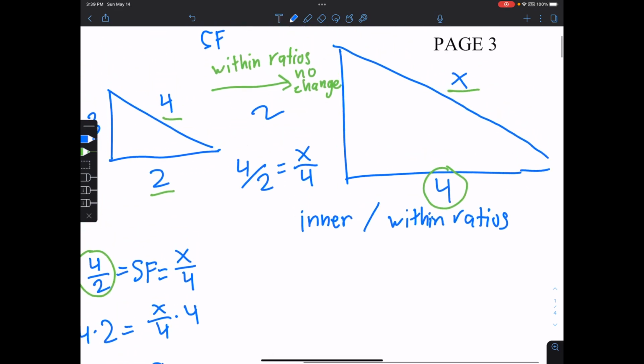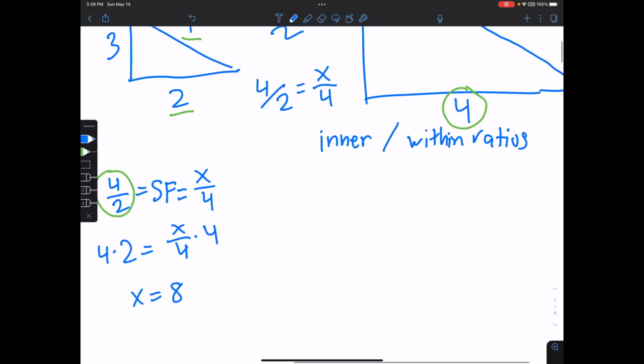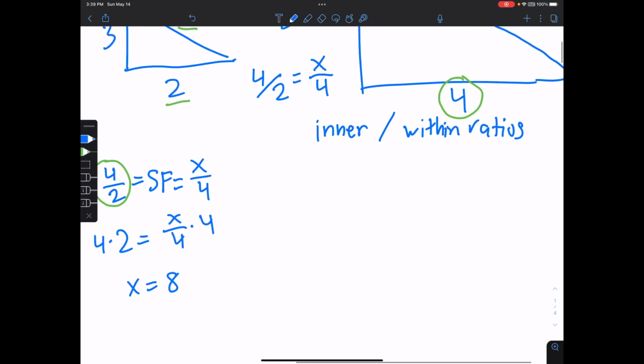So we can conclude that this would also become 2. 2 is equal to x over 4, and then x is equal to 8.